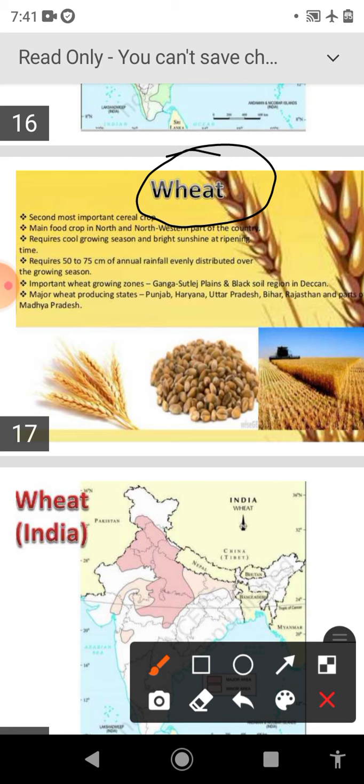If you get this question in similar form, then your answer must be paddy or rice only. But if the question is, name staple grains of India or food grains of India, then you will write rice and wheat, because rice is the most important, and the second most important food crop of India is wheat.